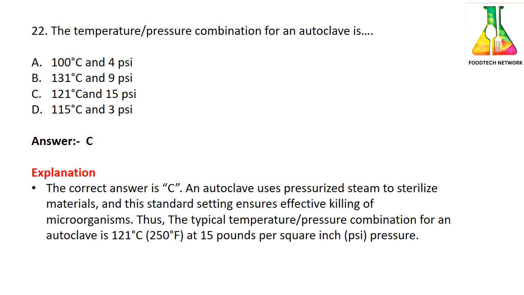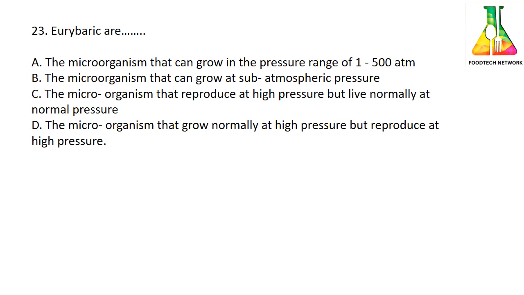An autoclave uses pressurized steam to sterilize material, and the standard setting ensures the effective killing of microorganisms. Thus, the typical temperature and pressure combination is 121 degrees Celsius at 15 pounds per square inch pressure, that is 15 psi.